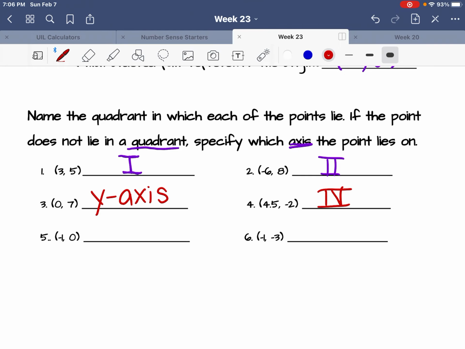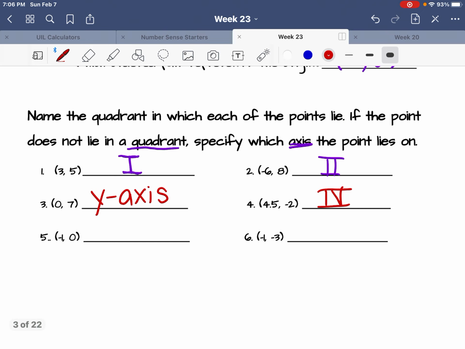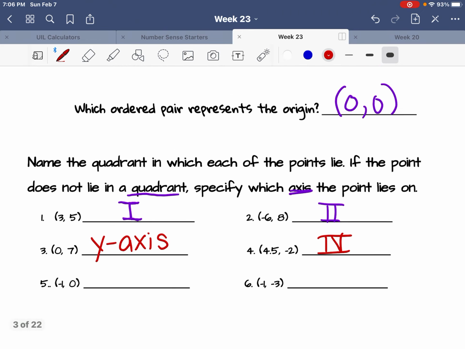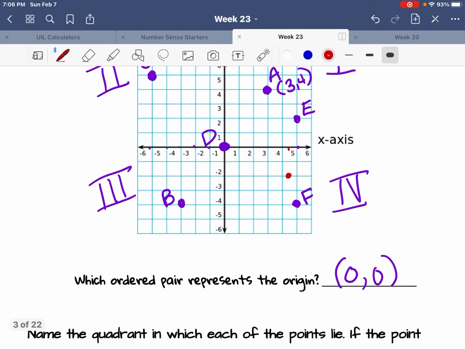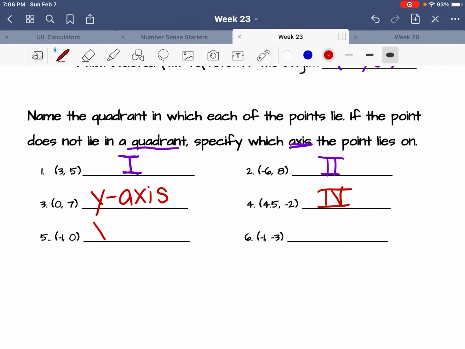Notice I'm using Roman numerals and not numbers. You always use Roman numerals when you're talking about quadrants. The point (-1, 0), if you look here, that would be right there. And we would say that that point is on the x-axis because it's not in a quadrant. You can't say it's in both, so it's on the line.